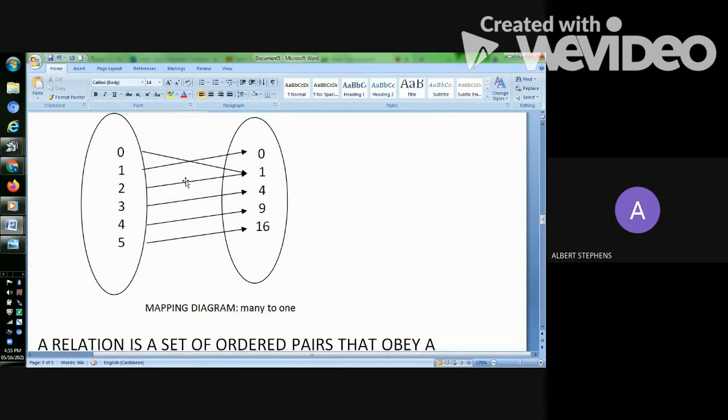Notice two different X values, 0 and 2, both of them are going to what? Number 1. In other words, two different X values have the same Y value.